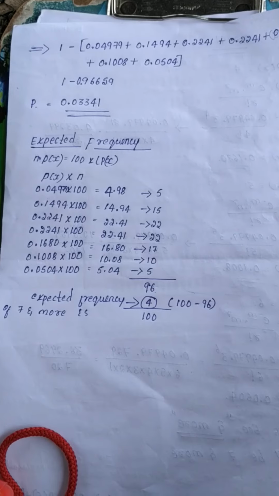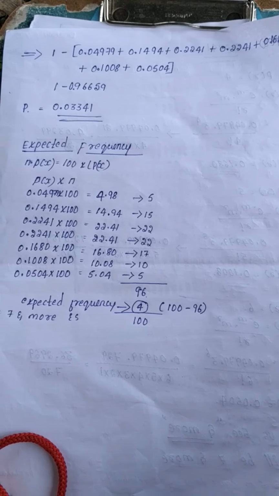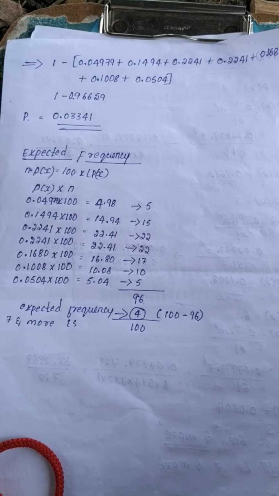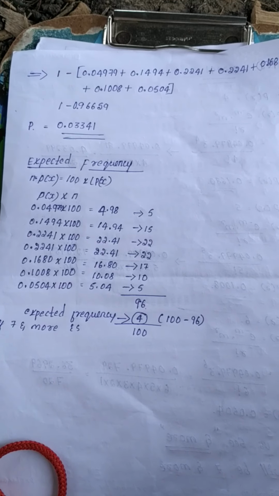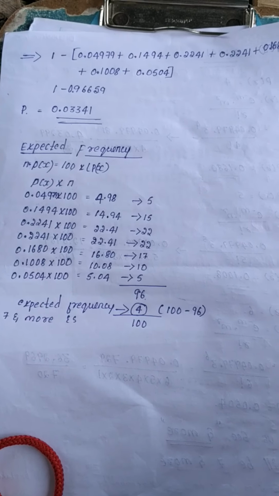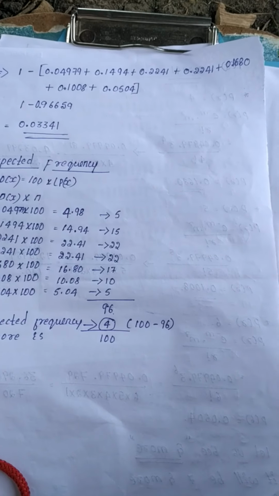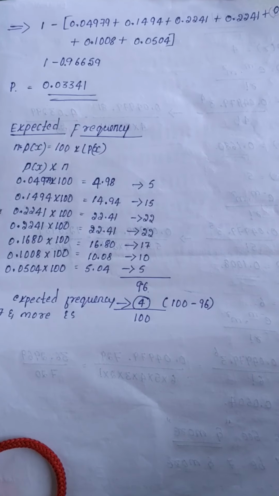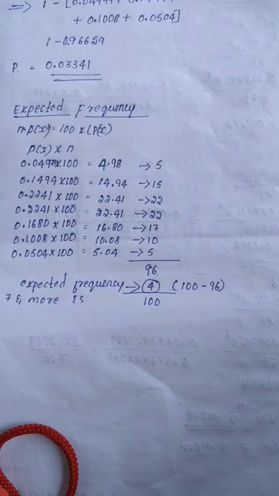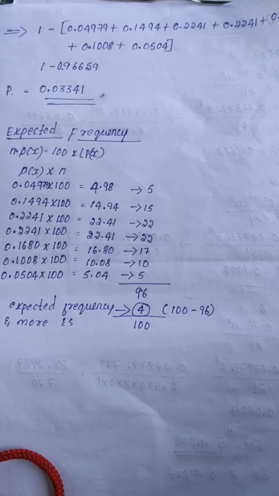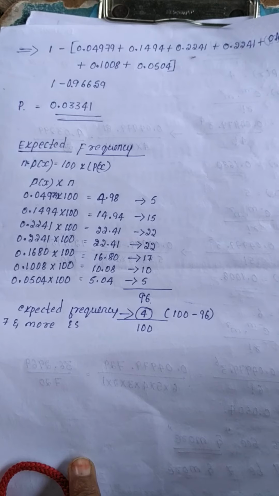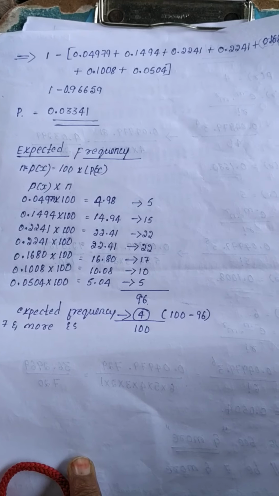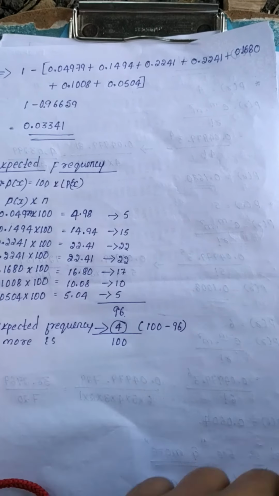The expected frequency can also be calculated. If it comes under Poisson probability, it will be multiplied with n, which is 100. So P of x into n means 0.04979 into 100, it comes to around 4.98, which will be considered as 5.